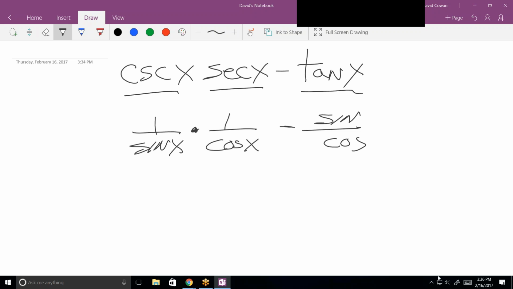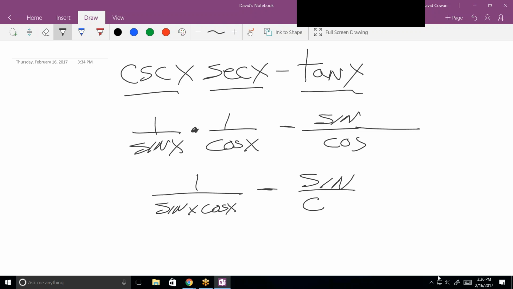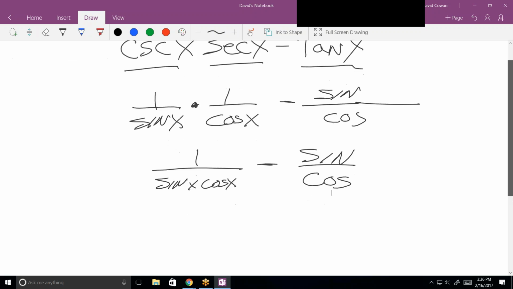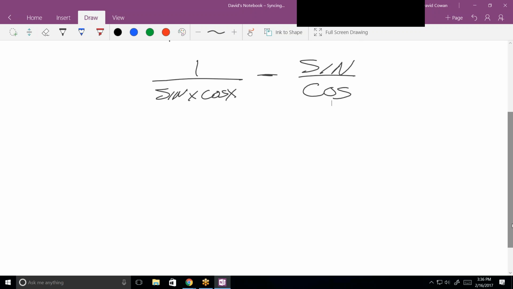So this is what we got: 1 over sine x cosine x minus sine over cosine. Now, if I had to subtract those two fractions, how would I do it?